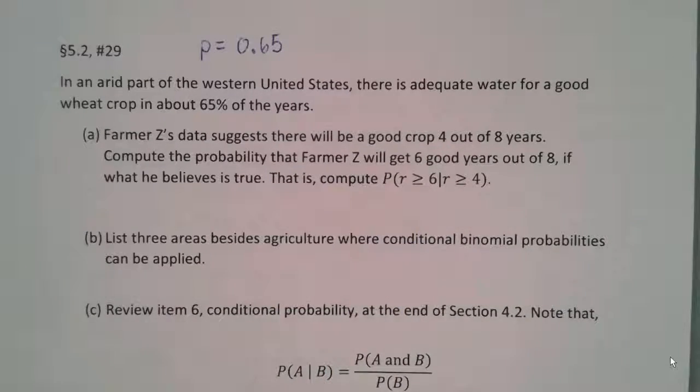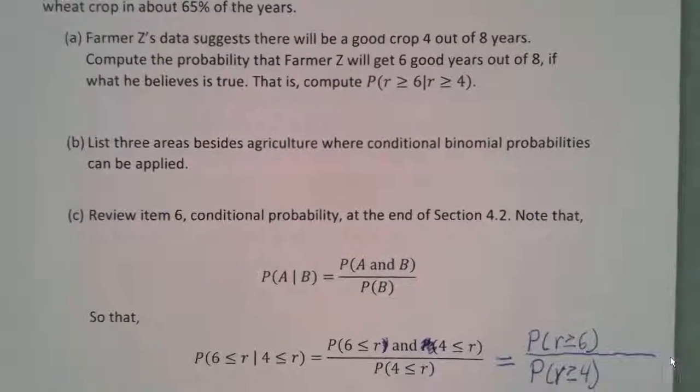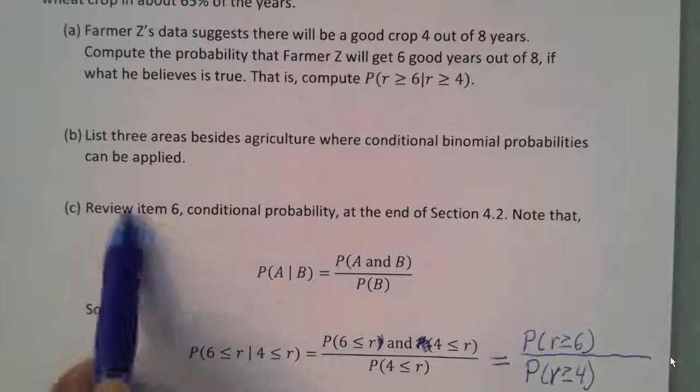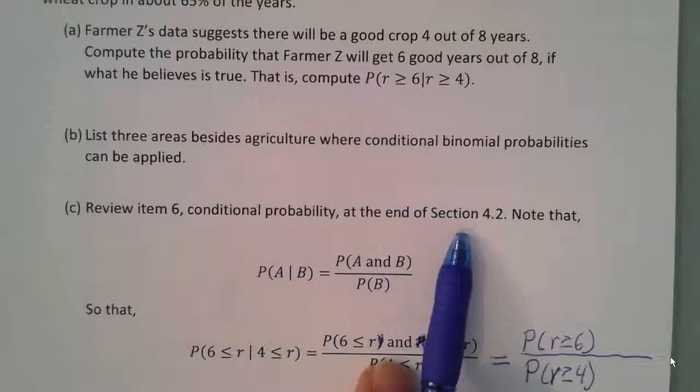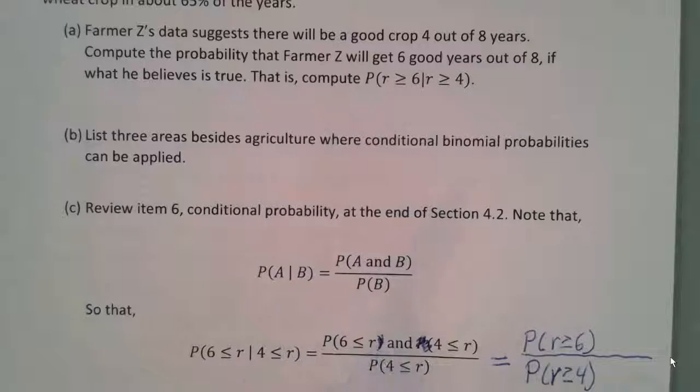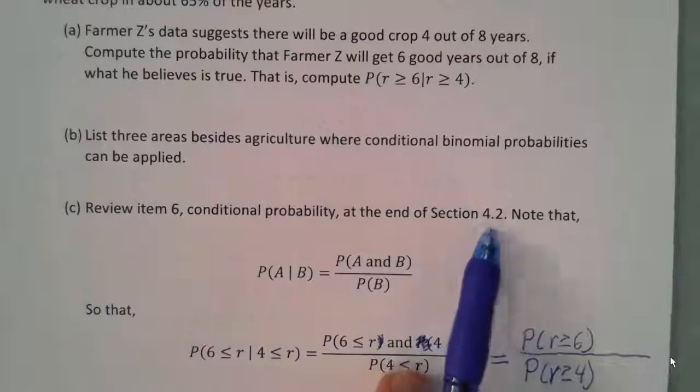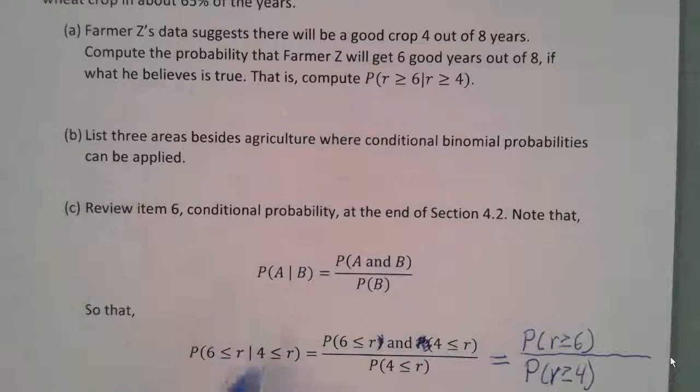Let's zoom down then to part C, and the text gave us a little more information. They instructed us to do a certain kind of review, and then they just basically put the review there for us. So you can look this up in section 4.2 if you'd like more detail, but this is the essence of the review.